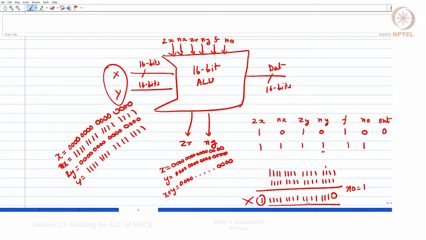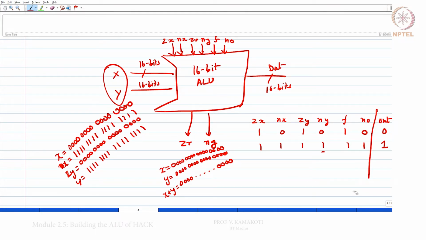Since F is 1 we added, and now NO is 1, this output is inverted. So it becomes 0 0 0 0 0 0 0 0 0 0 0 0 0 0 0 1. So, what is the output? The output is 1. Like that we can see some very interesting examples.